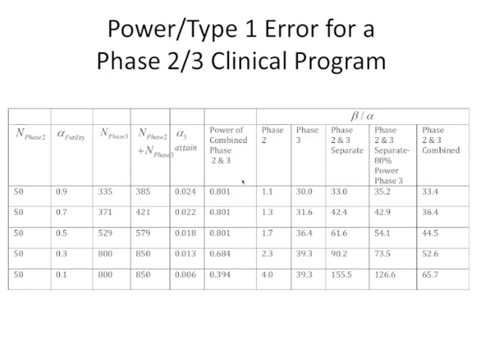The sample size is presented in the third column and is labeled n in phase 3, and the power is presented in the sixth column, and that's labeled power of combined phase 2 and 3.